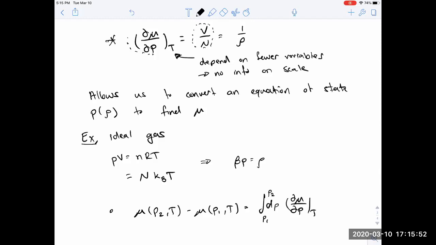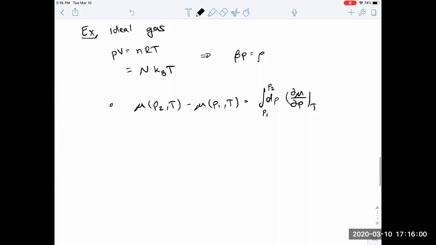This result from the Gibbs-Duhem equation tells us what that derivative is. It's just 1 over the density. So if we scroll up, this is just equal to an integral from P1 to P2 of 1 over the density, which depends on pressure through our equation of state. The equation of state relates the density to the pressure in a simple way. That's an integral from P1 to P2 of 1 over beta P.